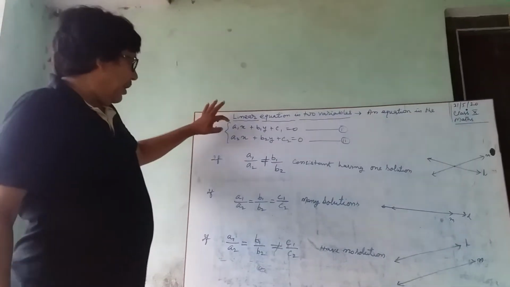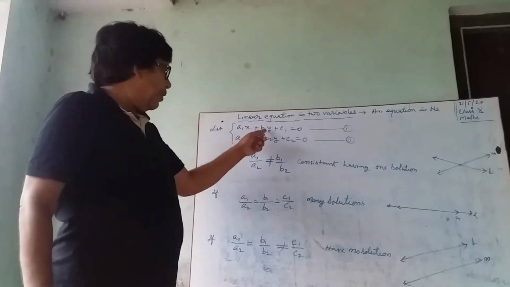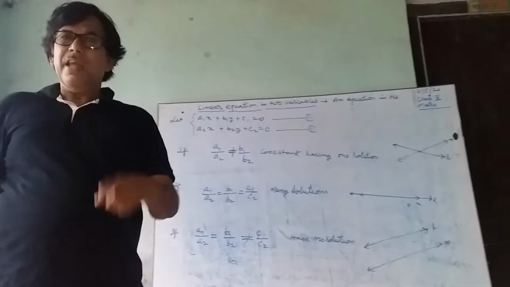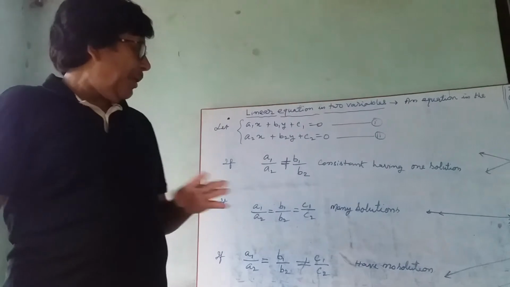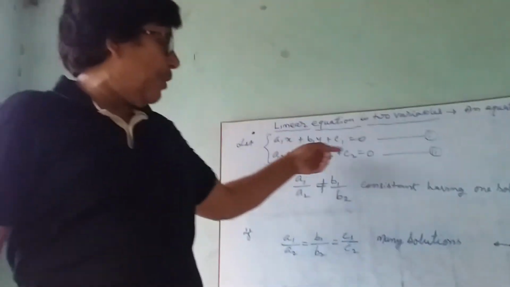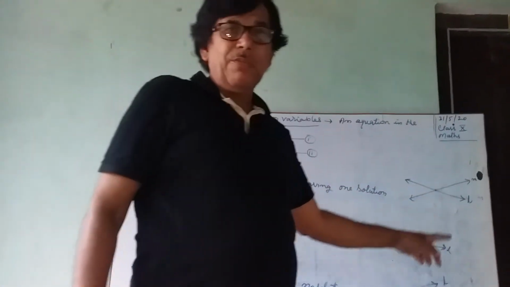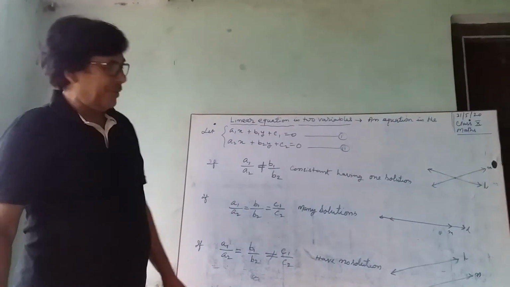First thing, if a1 by a2 is not equal to b1 by b2, then it is consistent, having only one solution. And if we draw the graph of these two equations, they will intersect at one point, and the coordinates of this point will be the values of x and y, or the solution set.